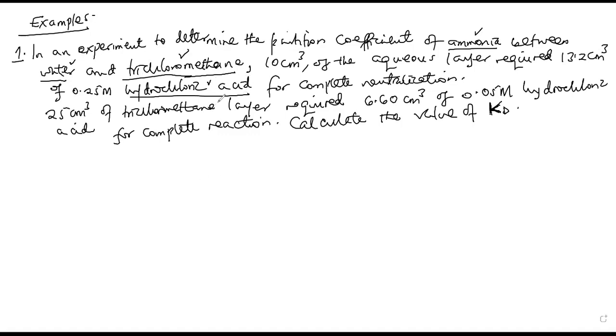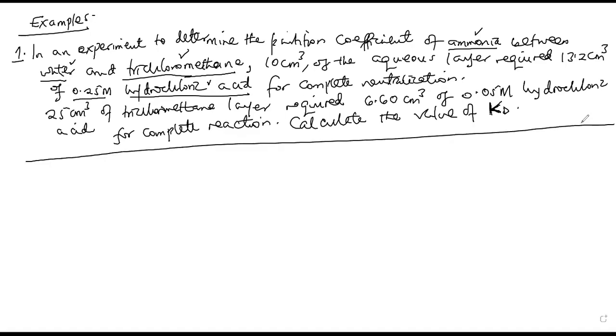So we can first get the number of moles of the standard solution, hydrochloric acid. Because they gave the molarity, if 1,000 cubic centimeters contains 0.25 moles, what about 13.2? All we are trying to do is first look for the concentration of ammonia in the aqueous layer.